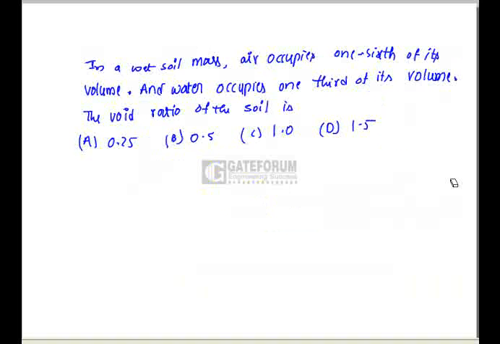In this question, in a wet soil mass, air occupies 1/6 of its volume and water occupies 1/3 of its volume. The void ratio of the soil sample has to be found out. Void ratio e, we know, is volume of voids by volume of solids. In a three-phase system, volume of voids we will consider as volume of water plus volume of air.